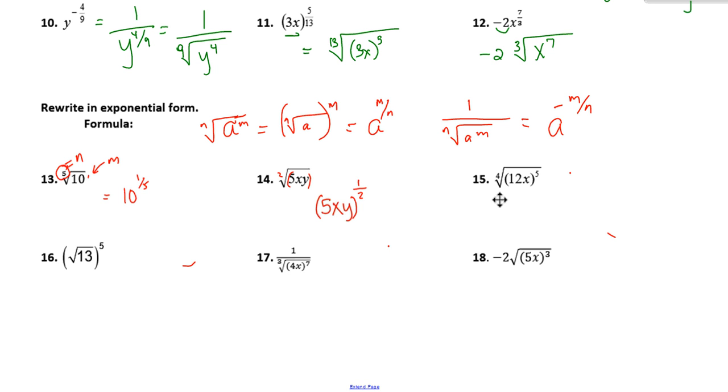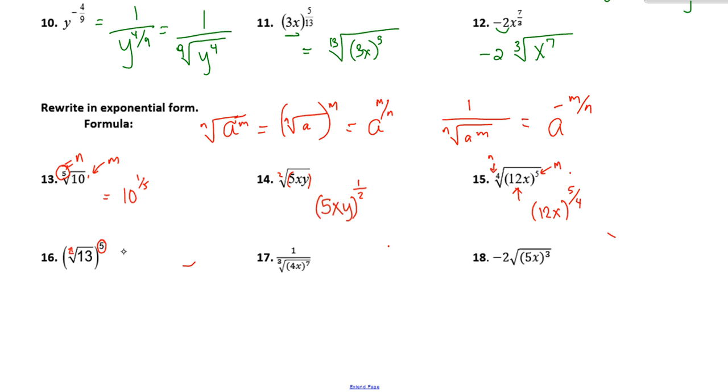Okay, same thing with this one right here. We've got stuff on the inside. This time it's got parentheses and a 5th power. So that 5 is going to be your m. 4 becomes your n. And then this stuff inside is what's going to be raised to that power. So it will be 5 over 4. Okay, 16 has a 13 on the inside, and the number on the shelf is the 2.